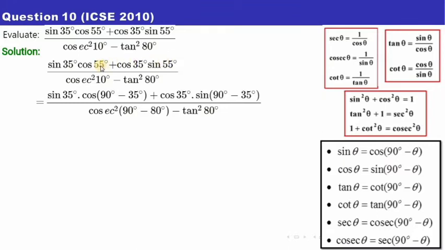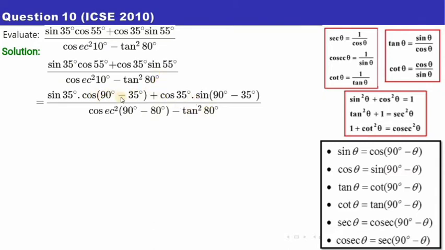For example, here I have changed 55 degree, so here also I have to change 55 degree. So I have written this as 90 minus 35, and this 35 degree is kept as it is. Now in the denominator you have 10 and 80, you can change any one of them. Here I have changed 10 degree, so 10 degree can be written as 90 minus 80, and the other one will be kept as it is.